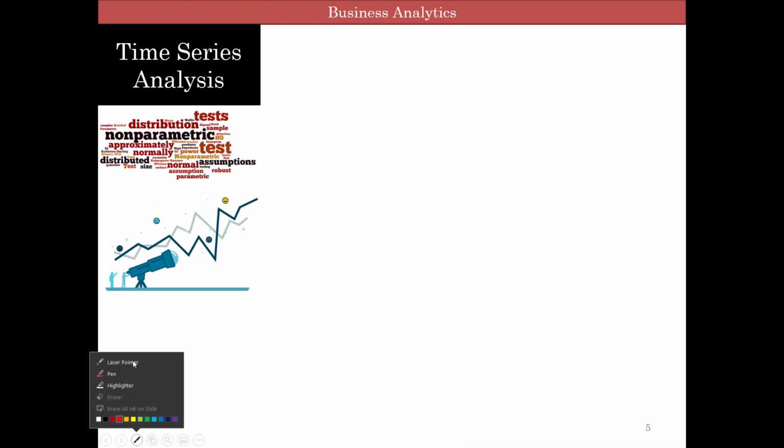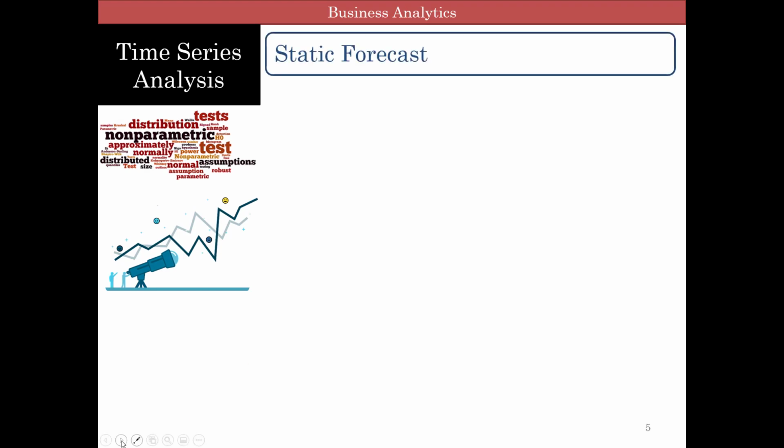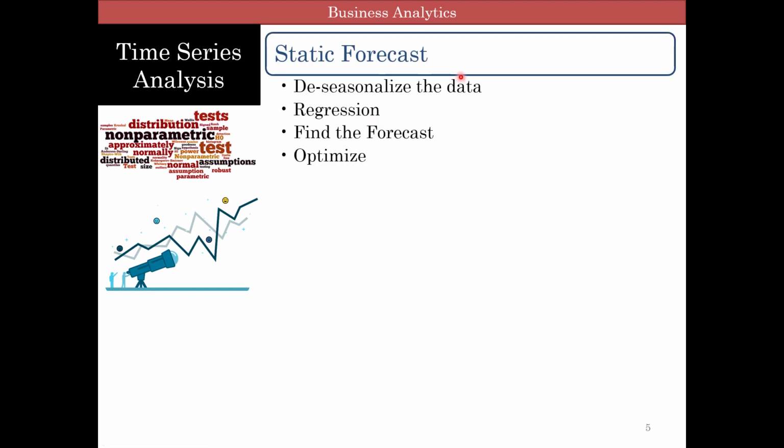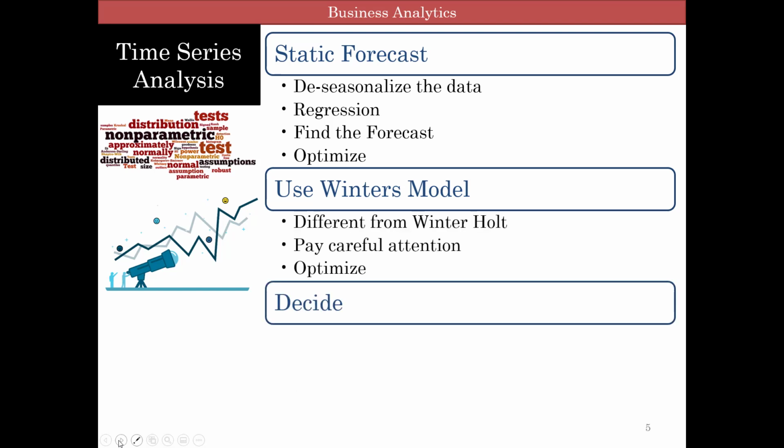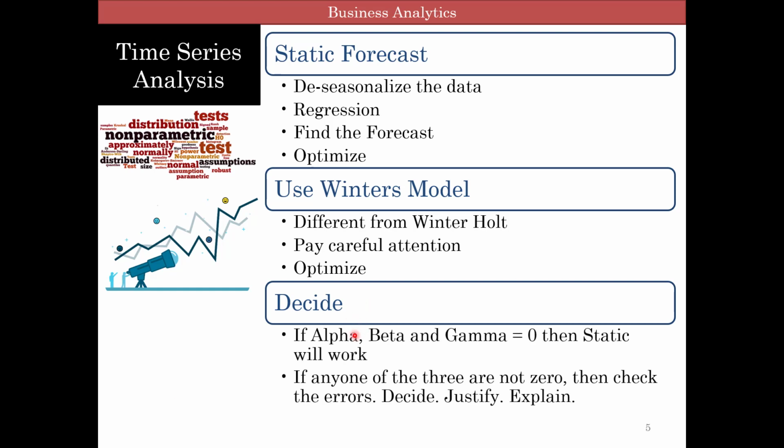So if you look at what we ended up doing there, we did a static forecast, and we deseasonalized the data, generated a regression, found the forecast, and optimized it. Then we used Winter's model, which is different from Winter's Holt model, and then we optimized that. The decision was: if alpha, beta, and gamma all three were 0, then the static method would work.